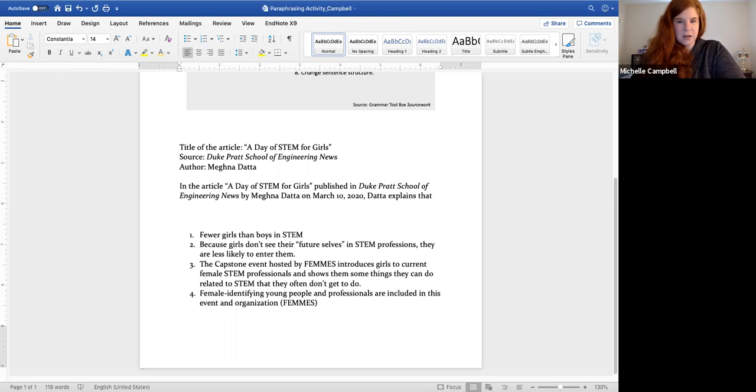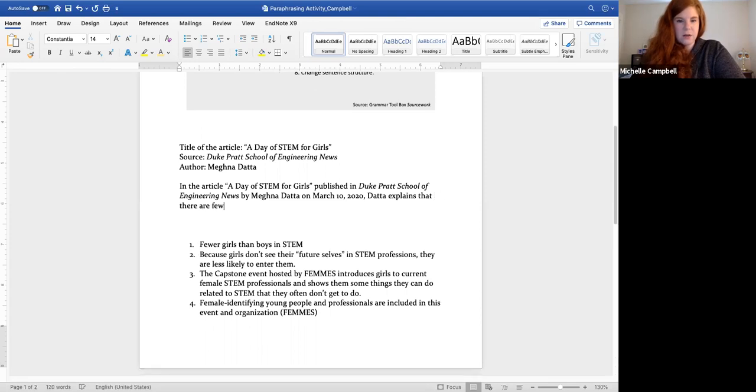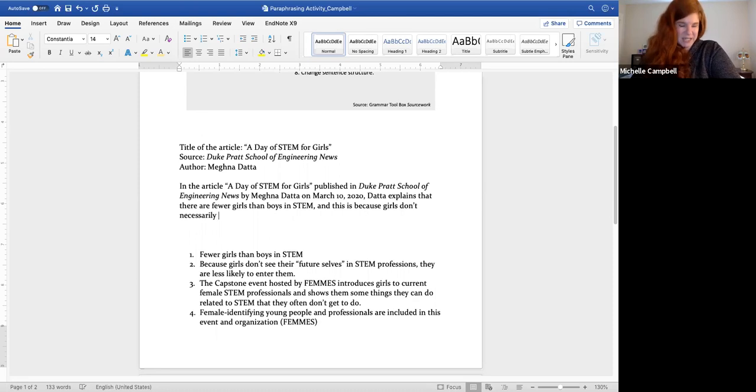there are fewer girls than boys in STEM, and this is because girls don't, I'm going to put necessarily, see their future selves in STEM professions.